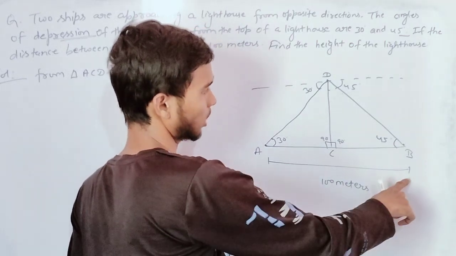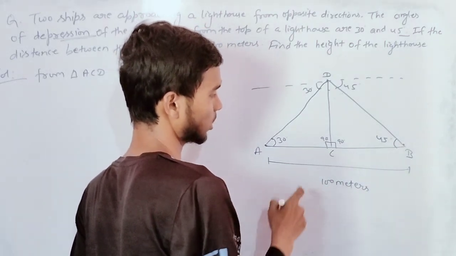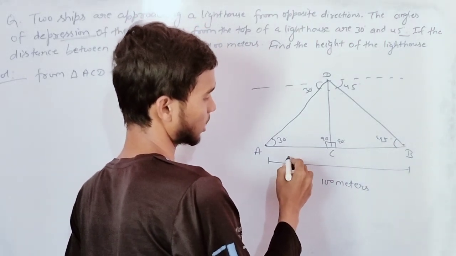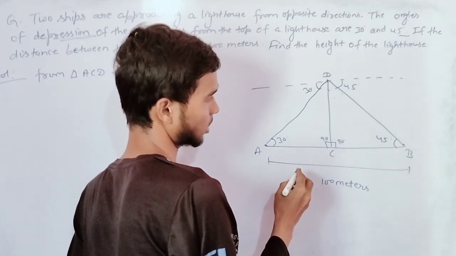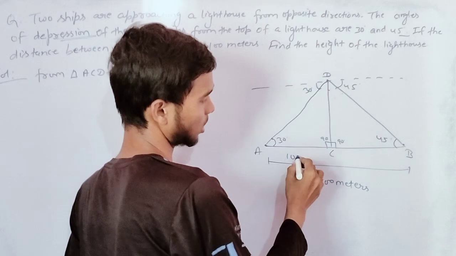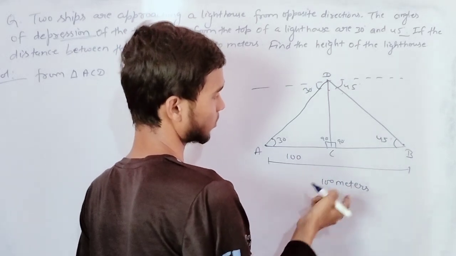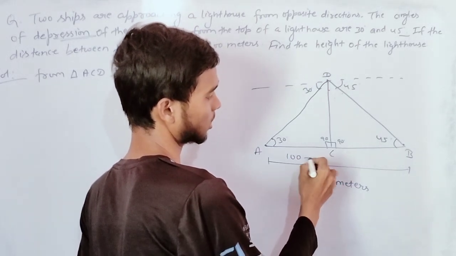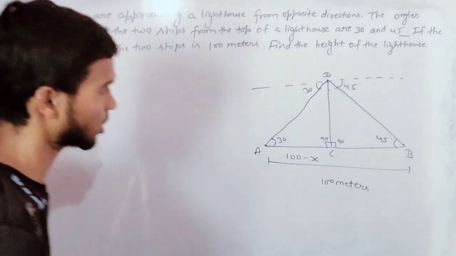If from here to here it is 100 meters, so we can say, let's say this is x, then this is 100 minus x.